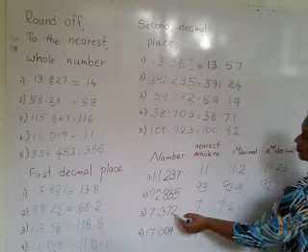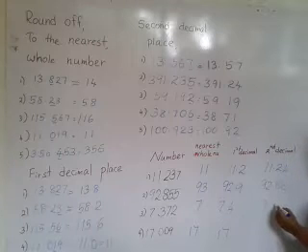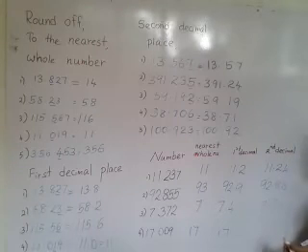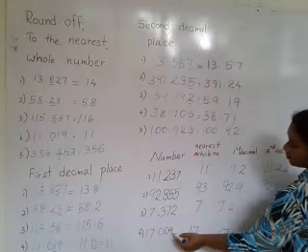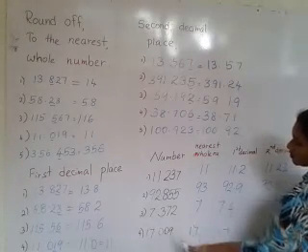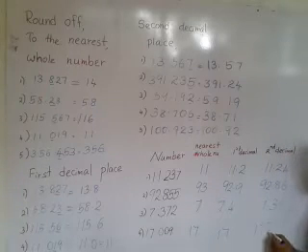Here the last number is 2, no change, it is 7.37. The third number is 9, more than 5, increase 1, then it becomes 17.01.